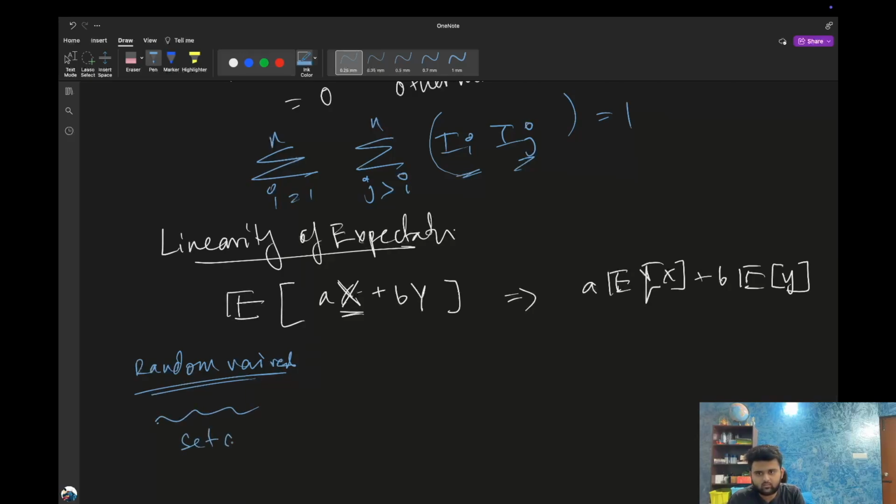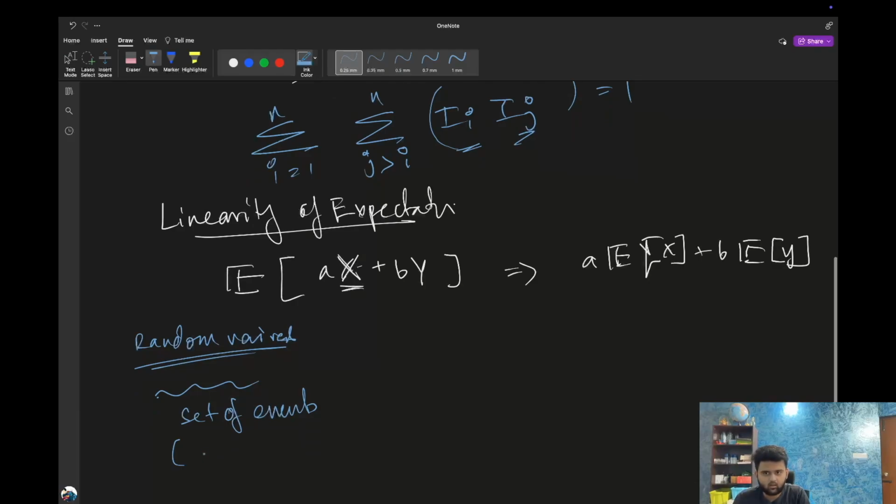It could be a coin reaching heads, or a coin reaching heads thrice, or in this case a vertex being a leaf, to some number in the real space of numbers, right?